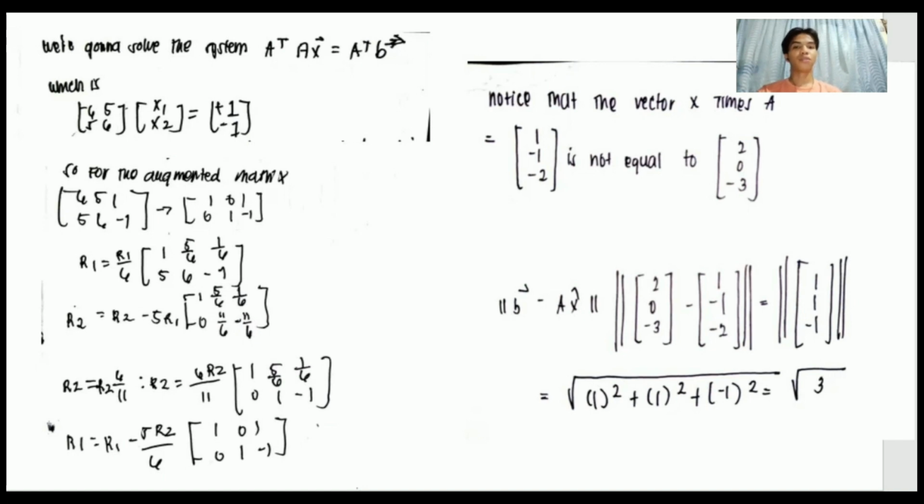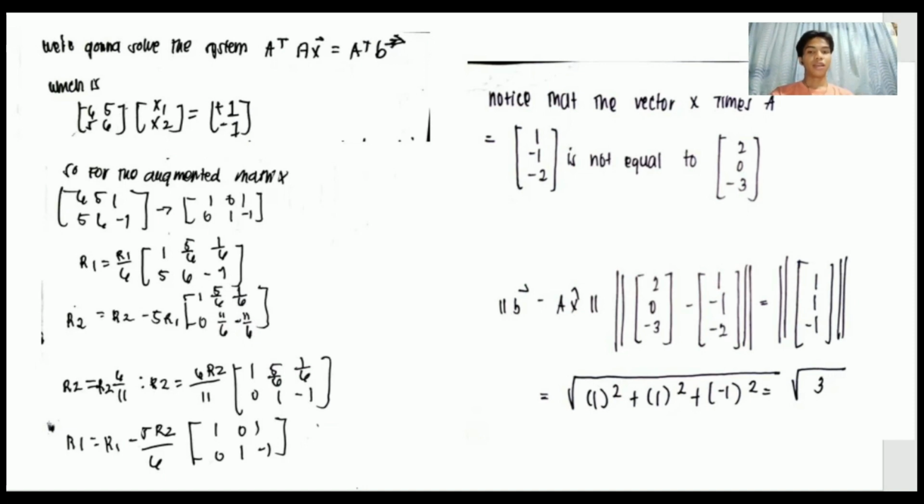So next we will write the corresponding augmented matrix and write the augmented matrix in reduced row echelon form. I guess that all of us are familiar with how this reduced row echelon form works. So from 6 5 5 6, we put it together with our 1 and negative 1.